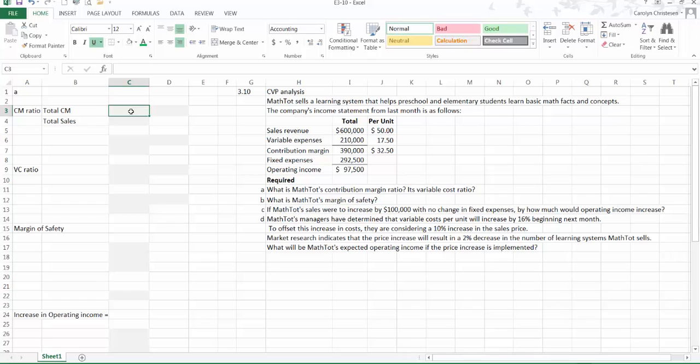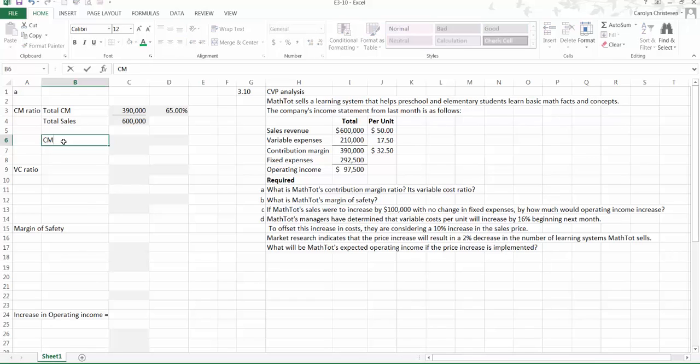Okay, so our total contribution margin is $390,000. Our total sales are $600,000, and if we divide them, we get 65%. Okay, an alternative way of finding contribution margin ratio is to use unit amounts.